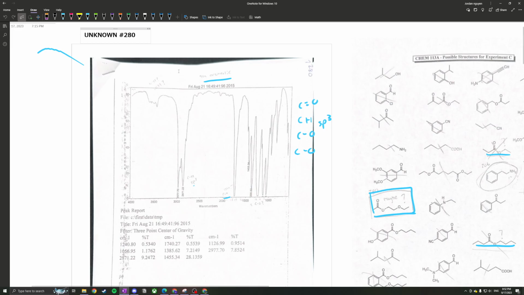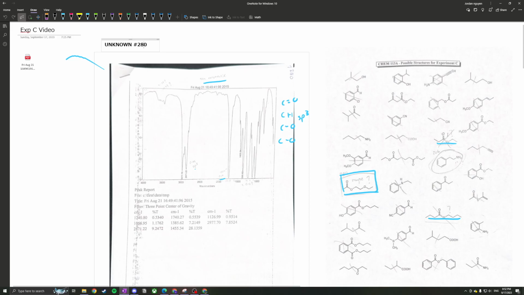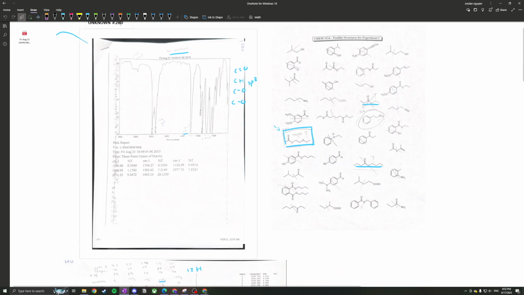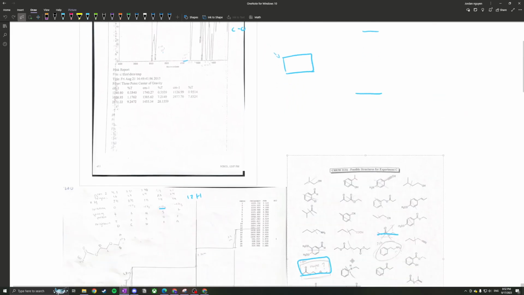So I narrowed it down to around 3 different compounds that were esters, and one of them had an ether, which was the one that I chose. But now I'll bring it down to the NMR to talk about that.